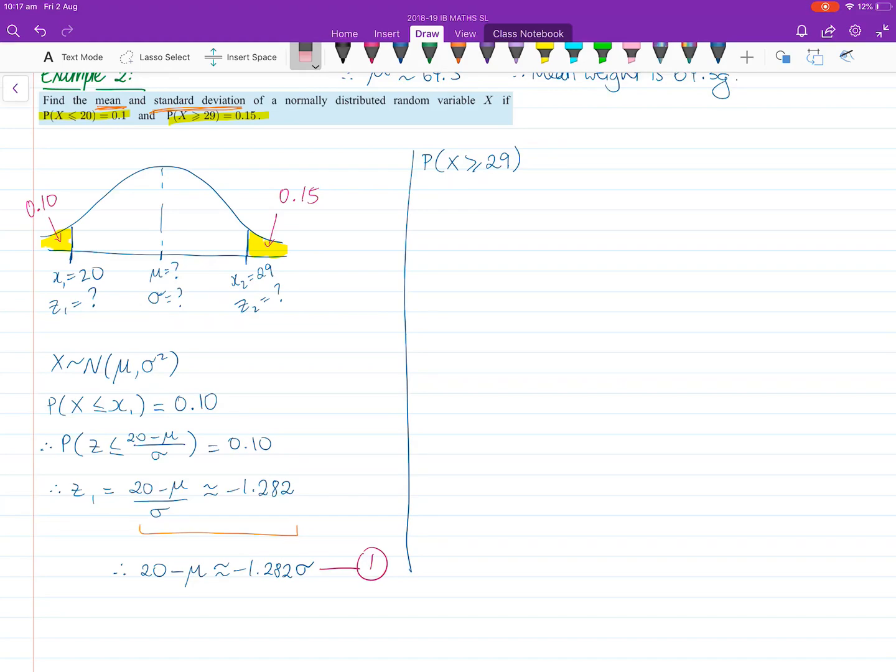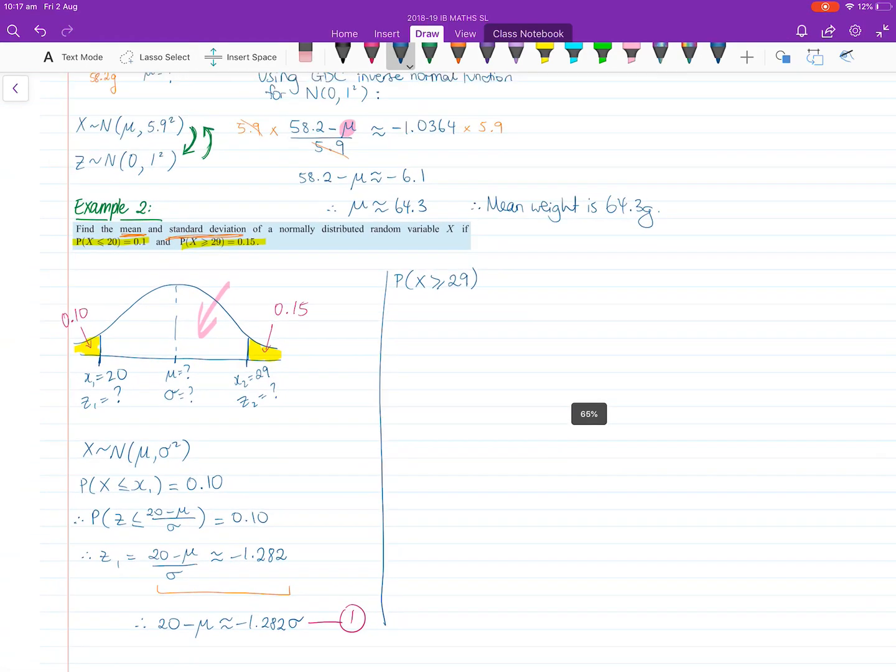But when we do the area under the curve, it goes from the left to the right, because it doesn't really know which side you're counting. It doesn't give you just that borderline. So we've got to find actually this part of the 0.15. Does that make sense?